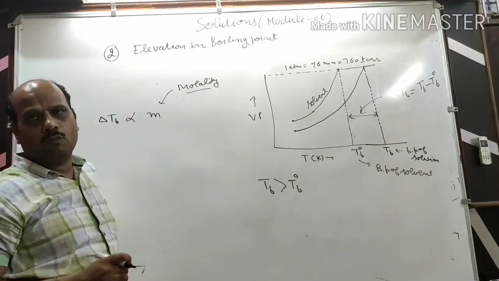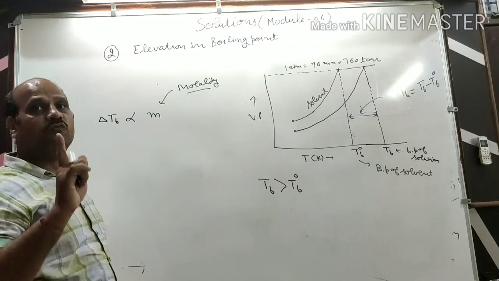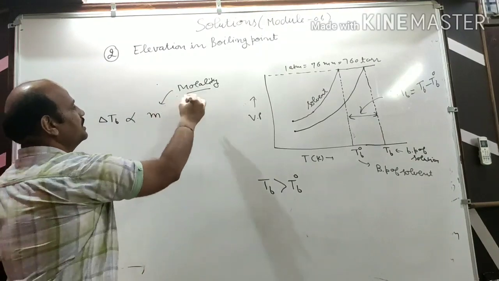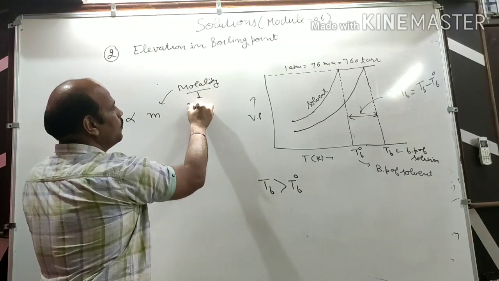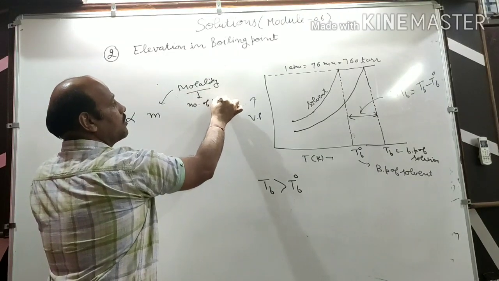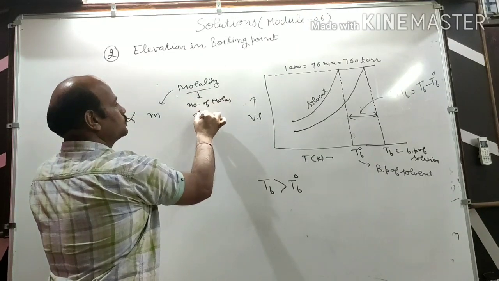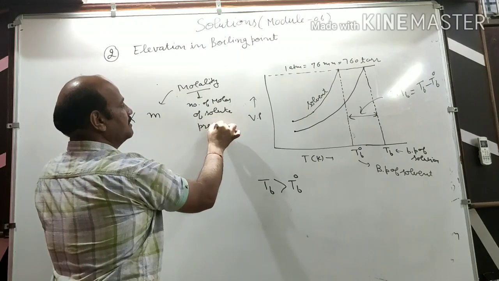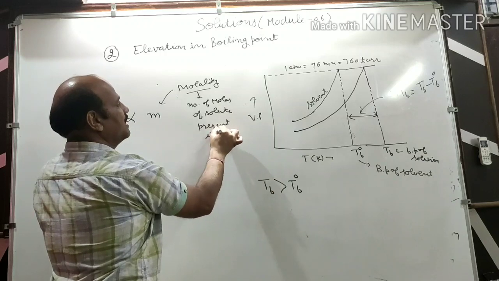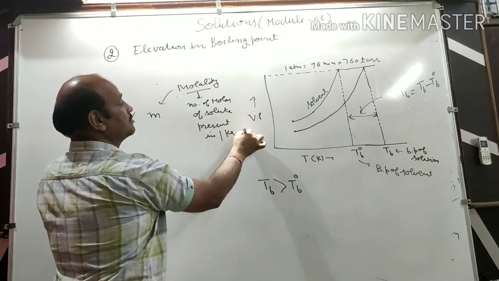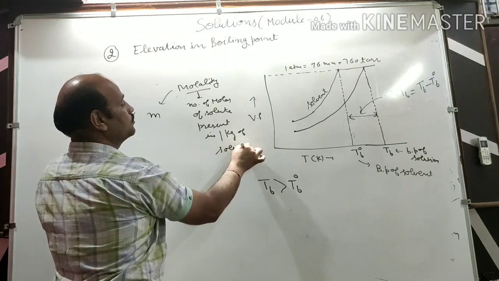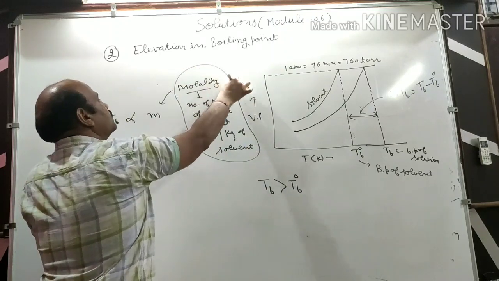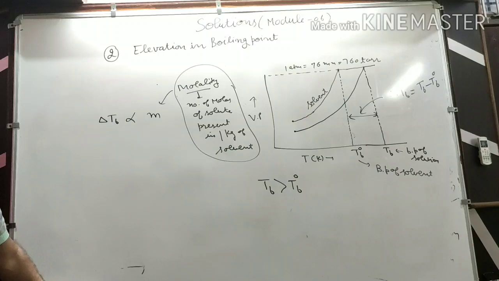Number of moles of solute present in 1 kg of solvent. Definition of this is number of moles of solute present in 1 kg of solvent. Keep in mind, 1 kg of solvent, not a solution. You have already studied in 11th class.